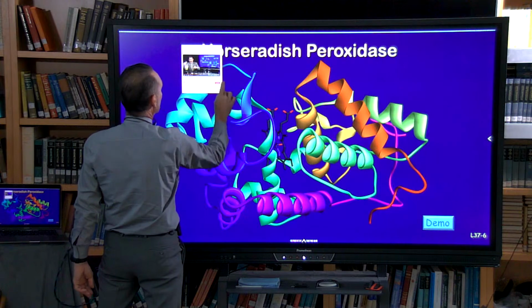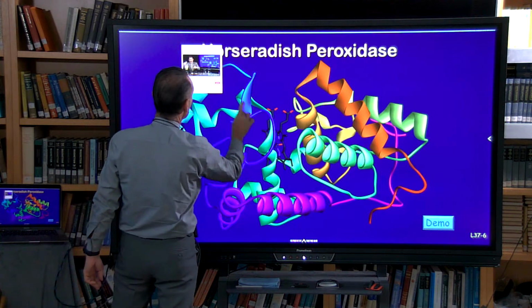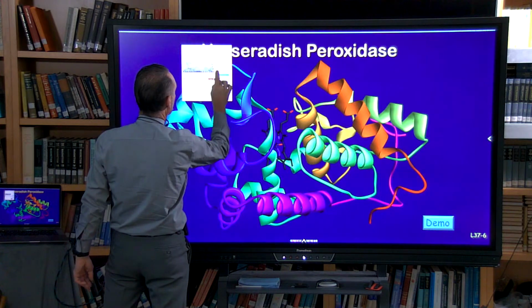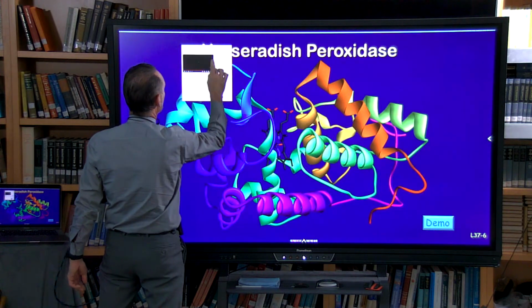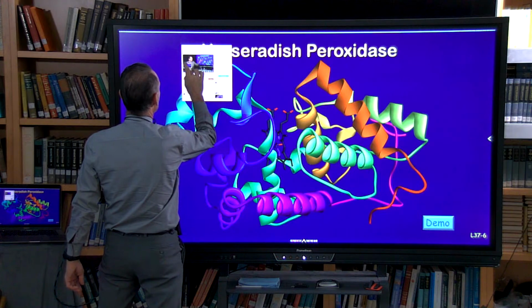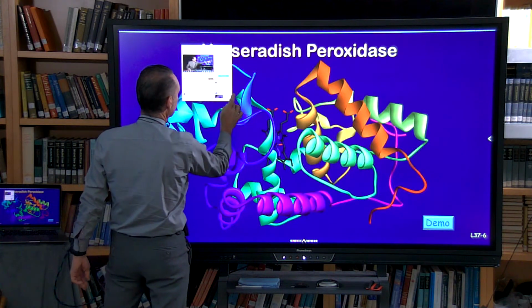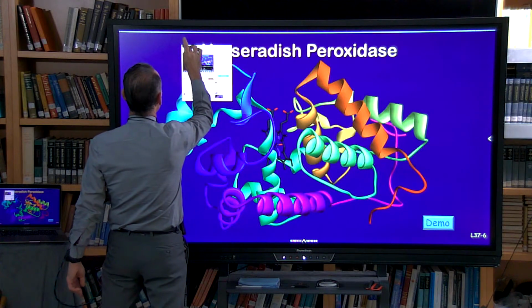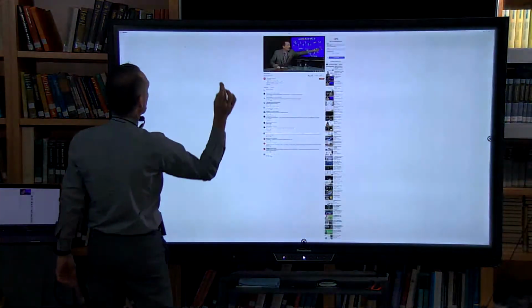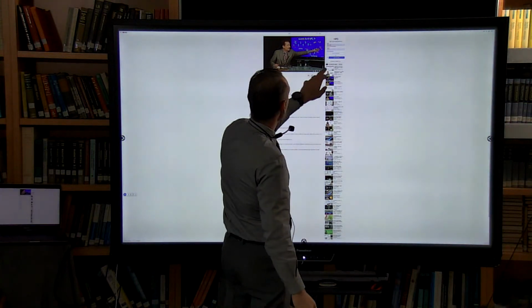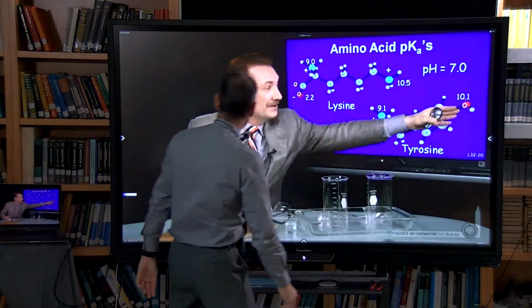And we will do a little demo here where we take a peroxidase. Stand by. I am trying to get to a situation where we can see this a little better.